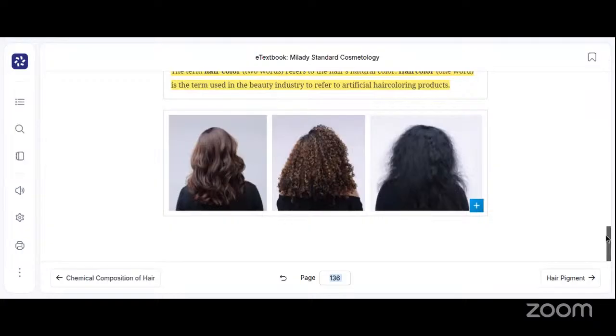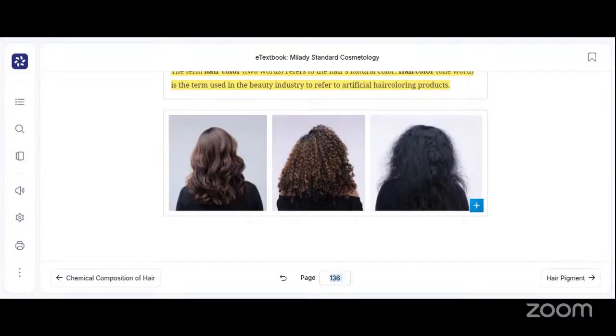The assignment that I wanted you to do, go ahead and review the hair shaft, review composition of hair. All right, review those terms. But I want to start you reading hair pigment. Okay, I want you to start reading hair pigment. We're going to pick up on that tomorrow in class. That's going to be all today for my Cosmo students.